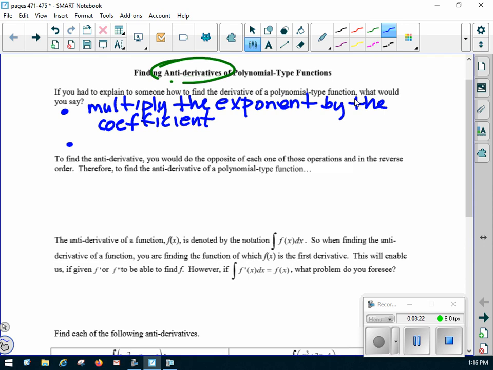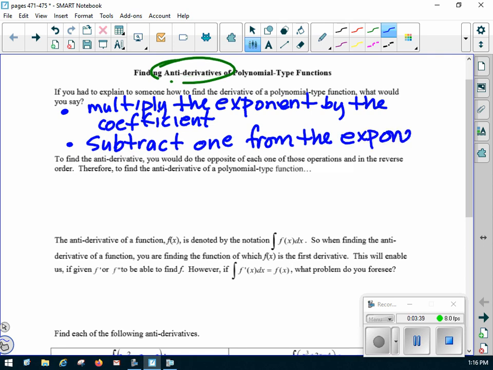Keep the variable, and subtract 1 from the exponent. I didn't write down keep the variable, but you know that.